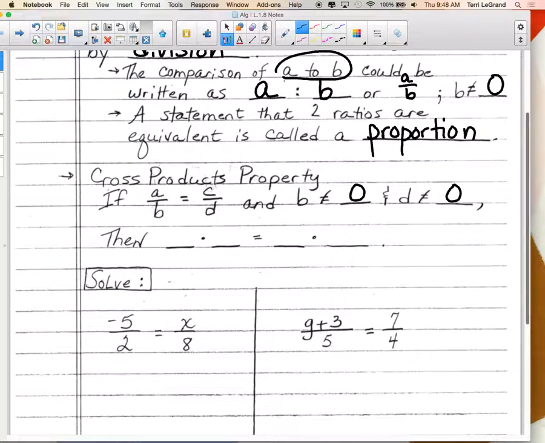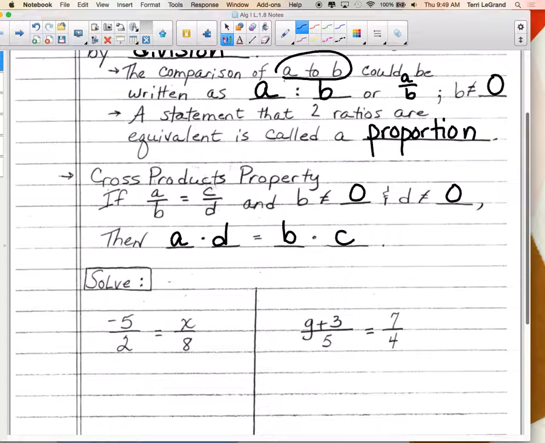As long as neither of those denominators are 0, then what can we count on with the cross products property? So it's basically saying if you have a true proportion model with no 0 denominators, you should be able to multiply a numerator times the other denominator, and then that leaves the B to be multiplied times the C.